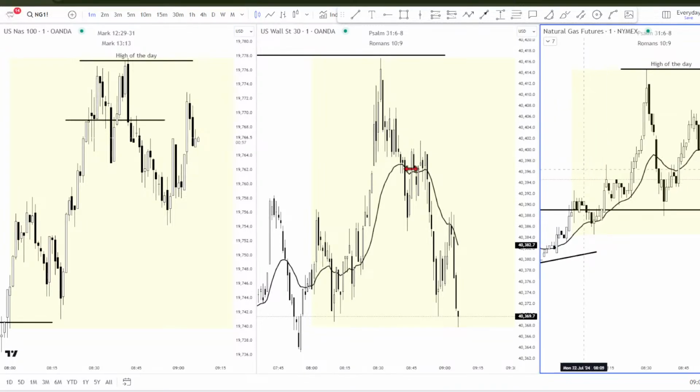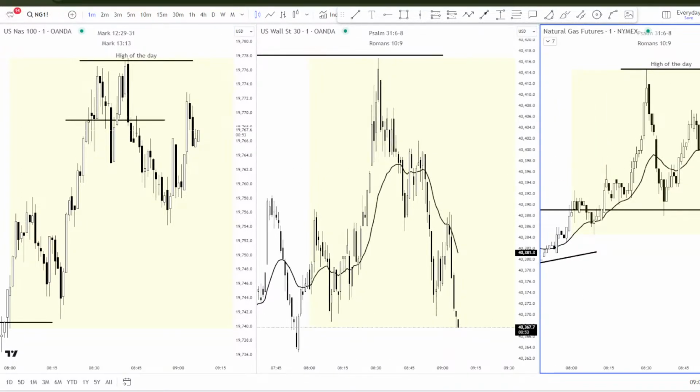That's the one I'm mainly focusing on. Okay, NASDAQ, we got a little push back up there to the high of the day.